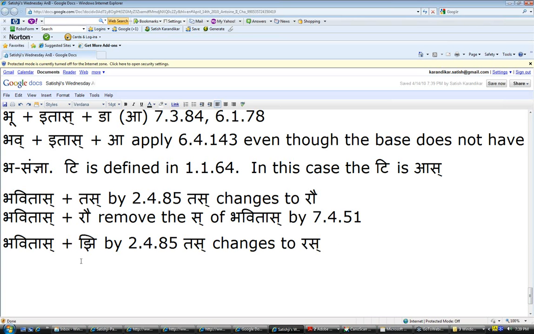We also have the form bhavita, by the way, in the Devi Mahatmyam, the very last chapter, when the king gets the Varapradanam, he becomes the Manu, so that form bhavita comes there also. Okay, so anyway, we apply the same sutram richa and make it bhavitaraha.